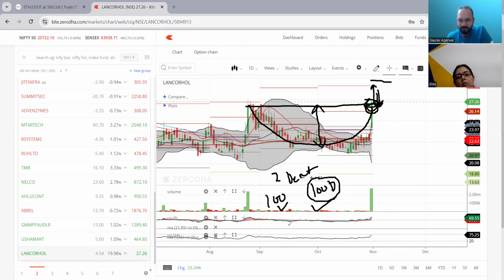Why wouldn't you buy in one itself? My psychology will not work like that. If I buy 200 in the same account, I will sell all 200 here only. So you have to understand your psychology, how your brain works, and do the trading based on that.